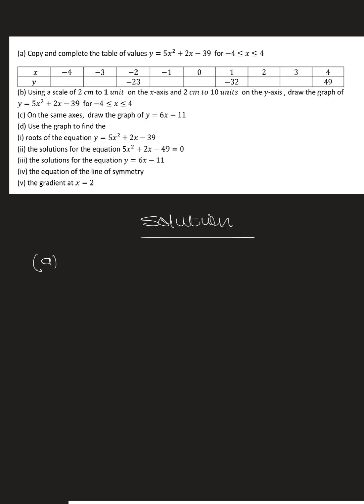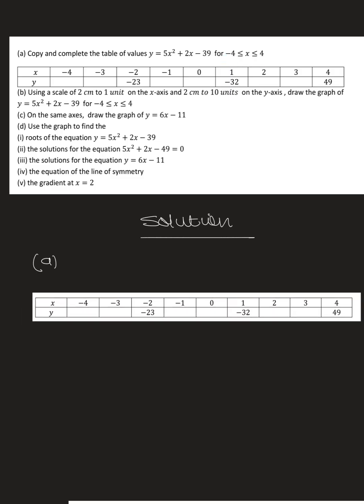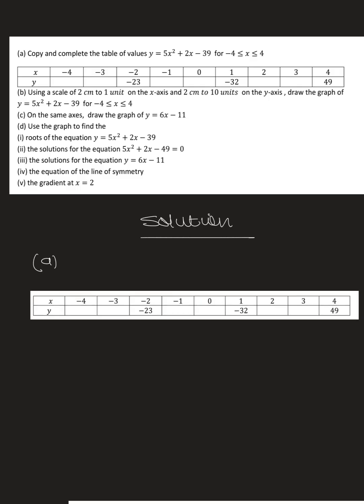Question A, we are instructed to copy and complete this table for the quadratic equation y is equal to 5x squared plus 2x minus 39 for the range between minus 4 and plus 4. So this is the table that we have between minus 4 and positive 4.